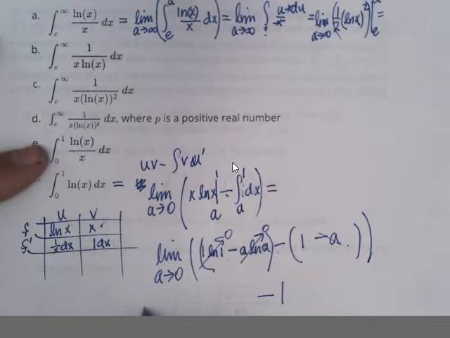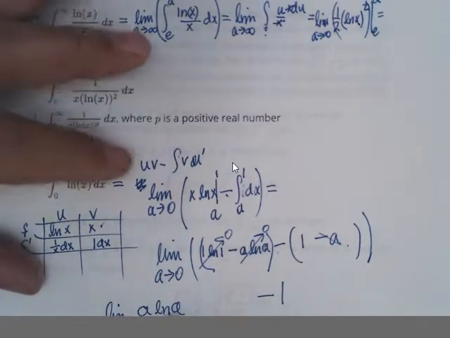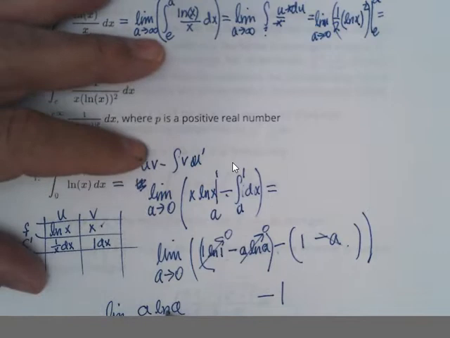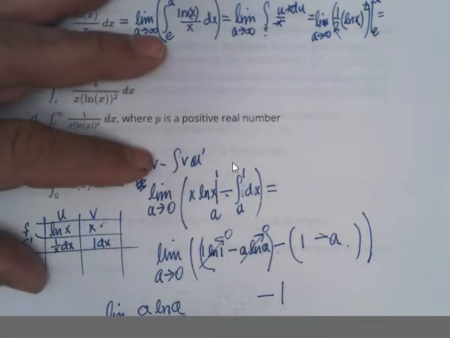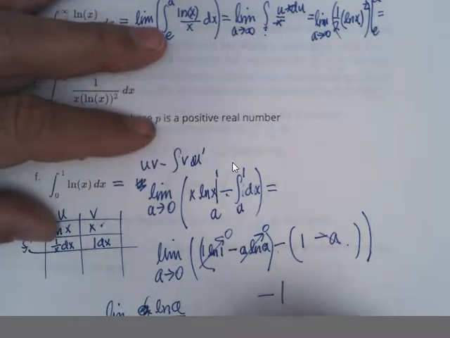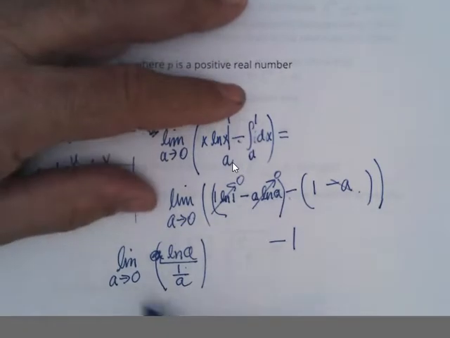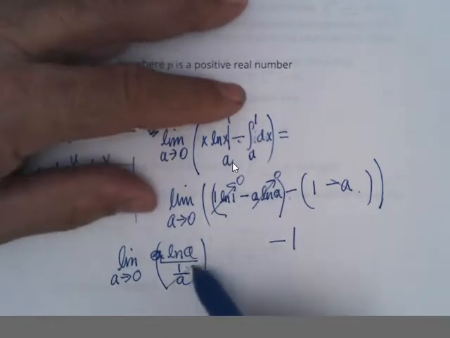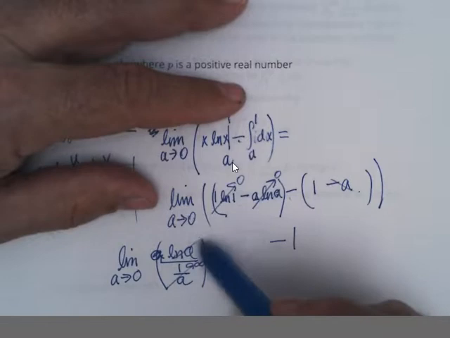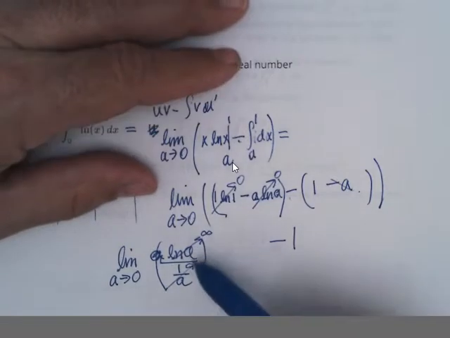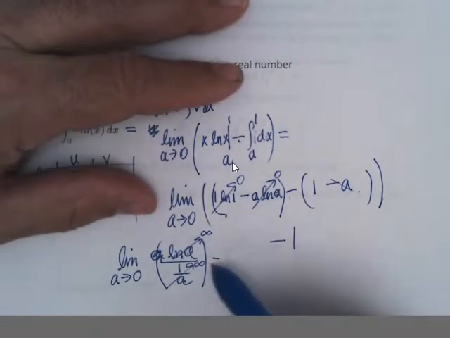To verify that, I have a ln a, and I'm trying to find out what the limit of that is as a goes to 0. So if I put the a in the denominator as 1 over a, then if you remember L'Hopital's rule, when this goes to 0, this will go to infinity, and this will go to infinity, so I can take the derivative of both of these and see what that does.